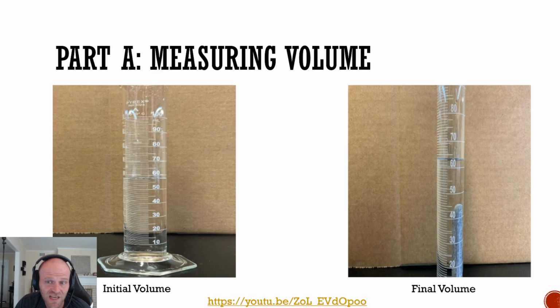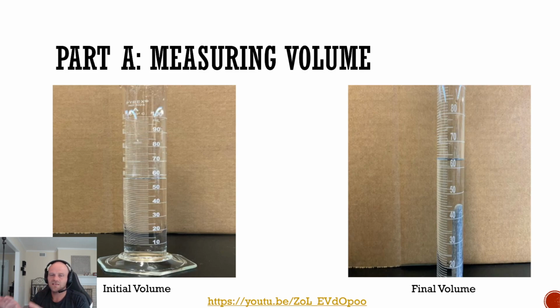I'm going to give you an initial volume of water in a graduated cylinder. I'm going to give you a final volume of water with an object in there, and then you're going to tell me the volume of the object. Okay, remember volume is either in milliliters or centimeters cubed, but it represents an amount of space that some object takes up.